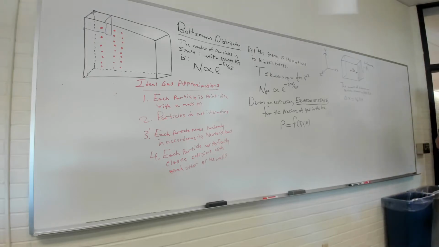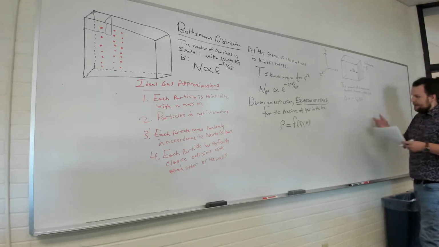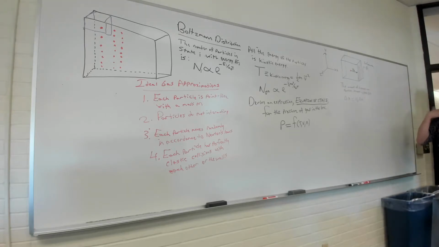Velocity is displacement over time, so when you multiply velocity by time, you get displacement. Okay. And so let's say, for instance, the particles hit the wall within that time. Within delta t.